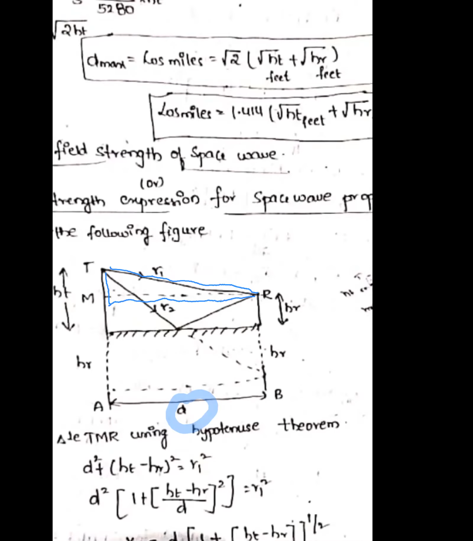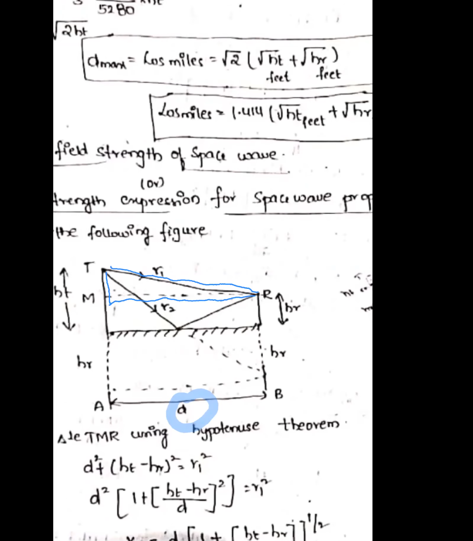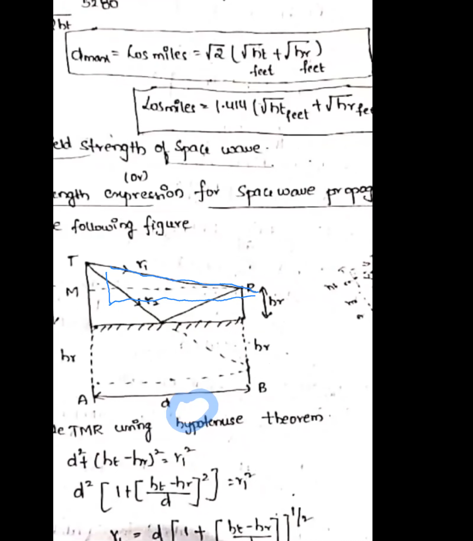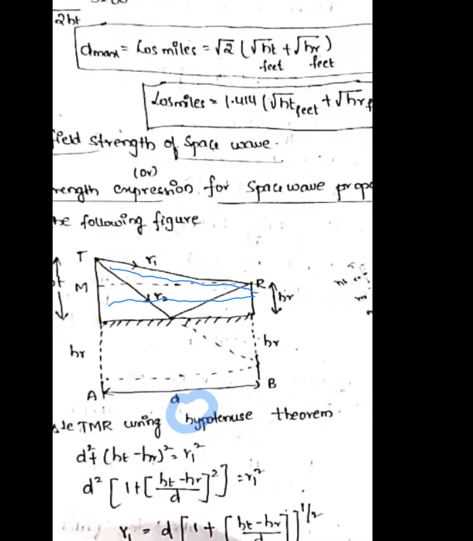This complete one is ht, but this part, from M to this point, from here to here, this is HR.